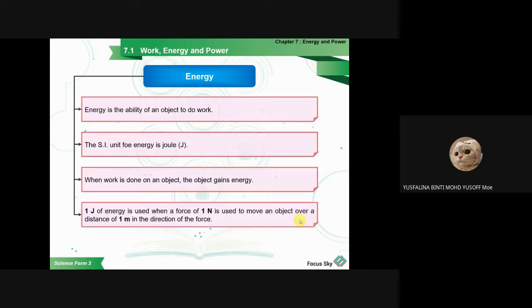So 1 joule of energy is used when a force of 1 Newton is used to move an object over a distance of 1 meter in the direction of the force.